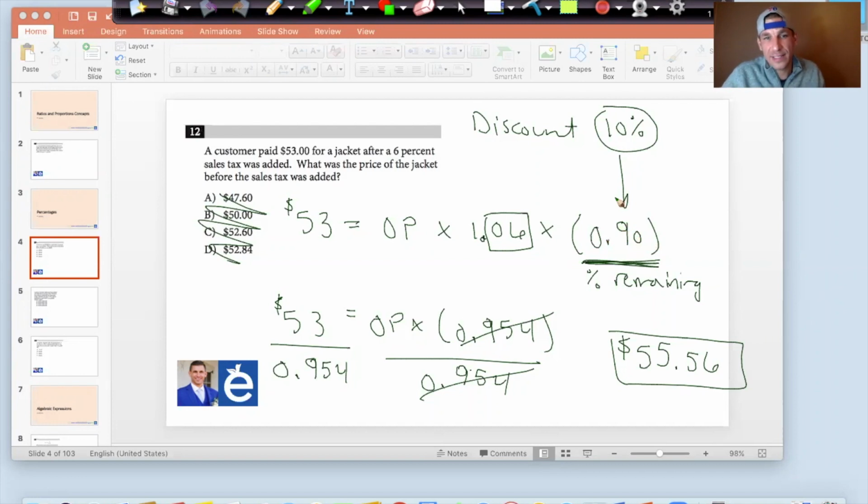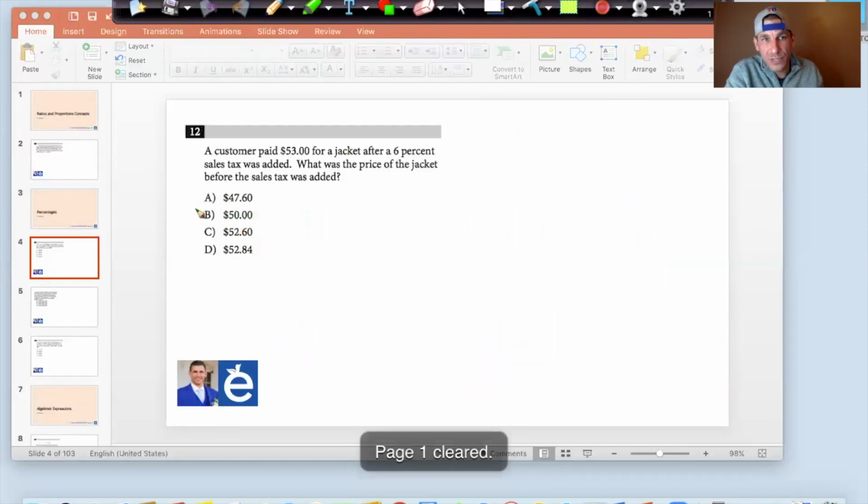This problem is an extension of the previous one. Our original answer was $50, but if I add a 10% discount, the actual original amount would have been right around $55.56.